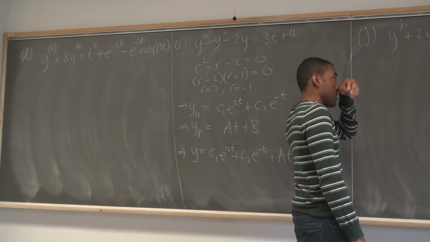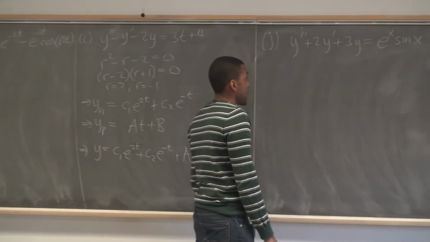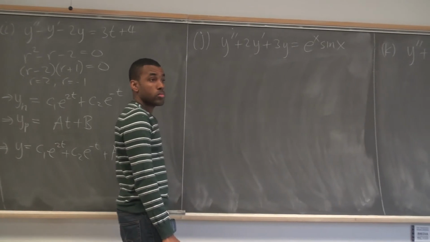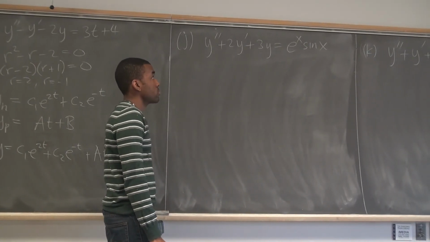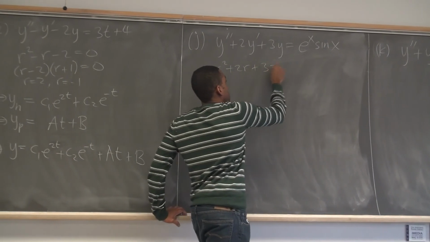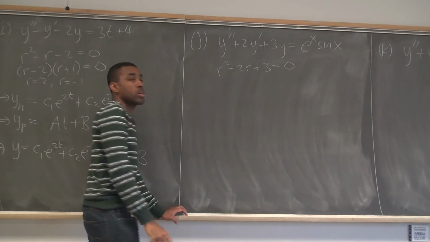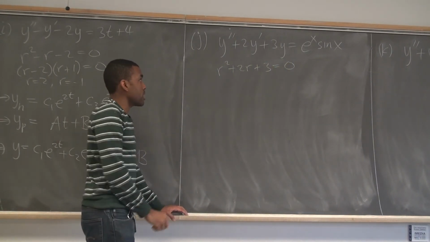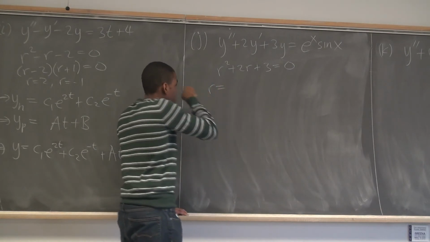This one. How do you do it? r squared plus 2r plus 3 equals 0. It doesn't factor, so we're going to have to bite the bullet and do the quadratic formula.